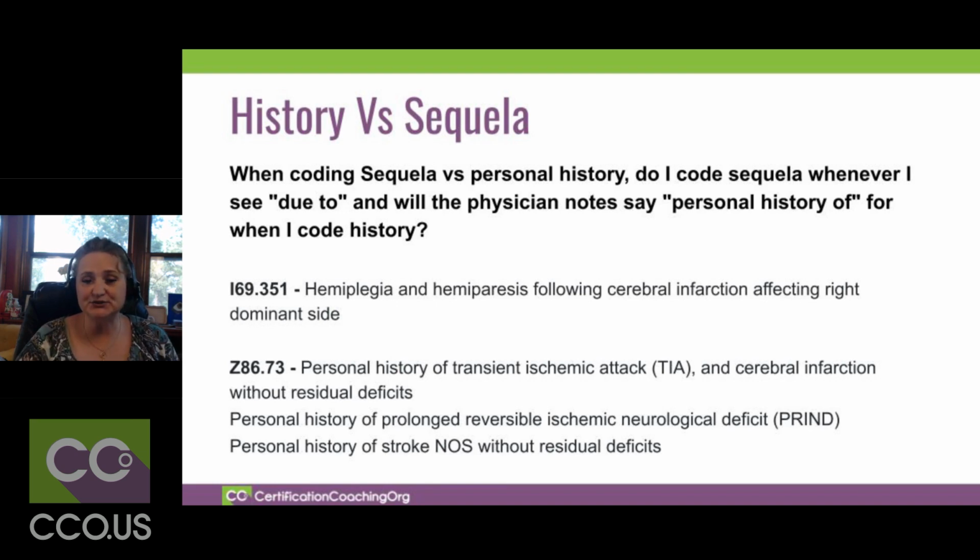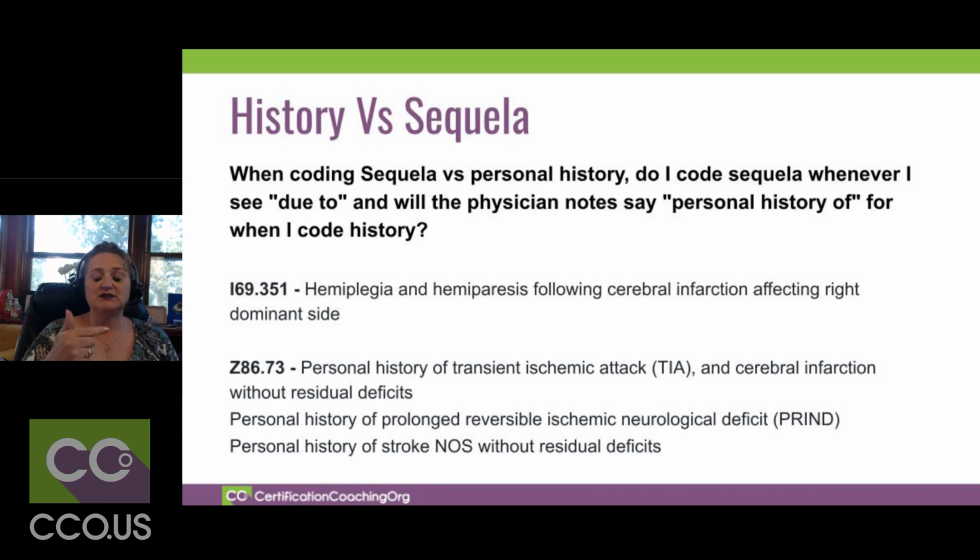A personal history means the person had a disease or disease process that no longer exists, whereas sequela means it's active. The patient has a late effect of something. Or residual is sometimes used in addition.